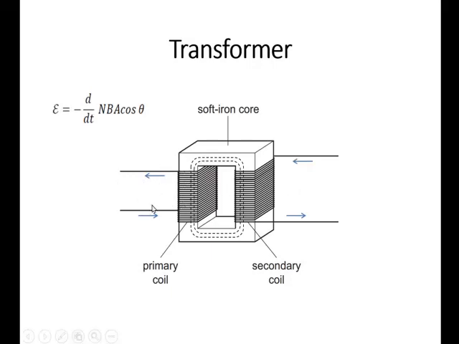This is what I was talking about. As current flows through these, it creates a magnetic field that also changes in the secondary side and causes electric current to also flow through it. In this case, we are having the magnetic field changing. In the case of the AC generator, we had the area which was changing, and if area changes, the magnetic flux linkage is changing.